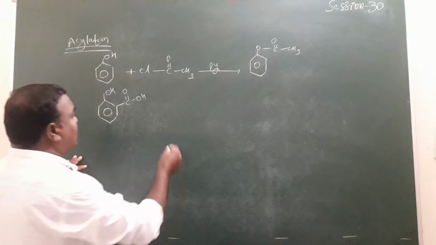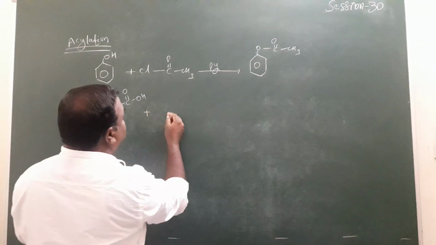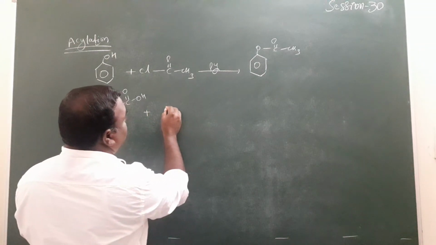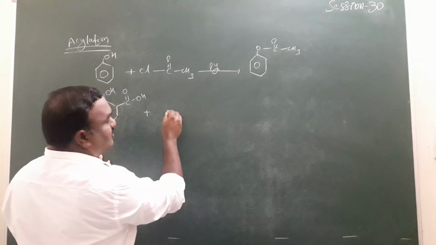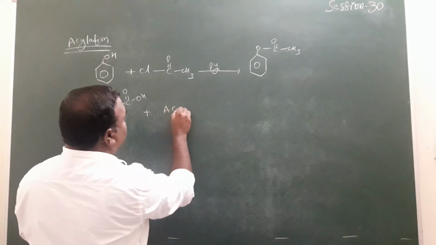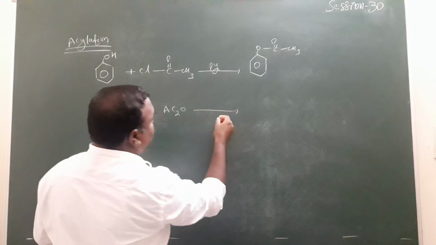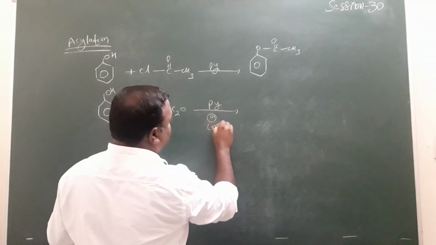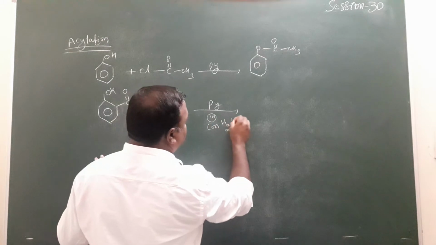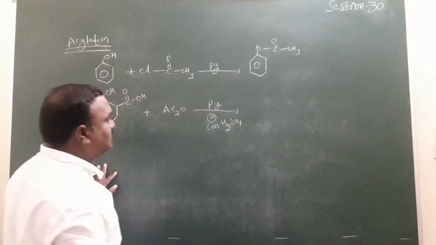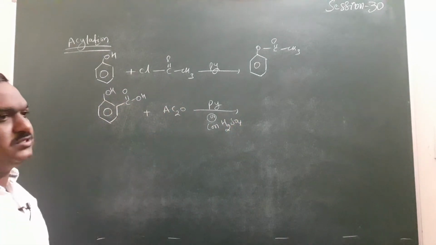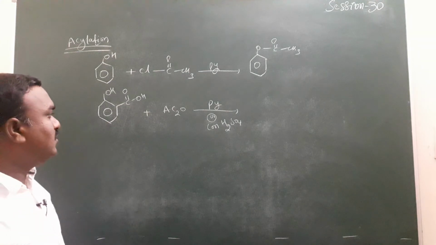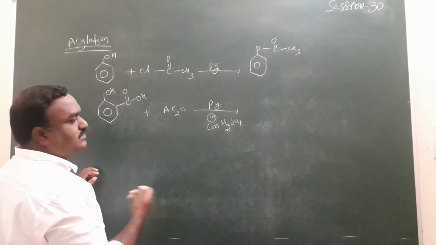That salicylic acid compound reacts with acetic anhydride in the presence of pyridine medium or concentrated H2SO4. Whichever is given doesn't matter here. What type of reaction is possible? Acylation.